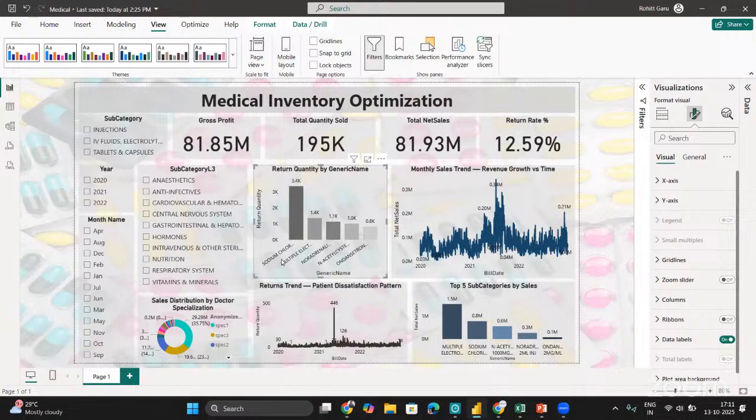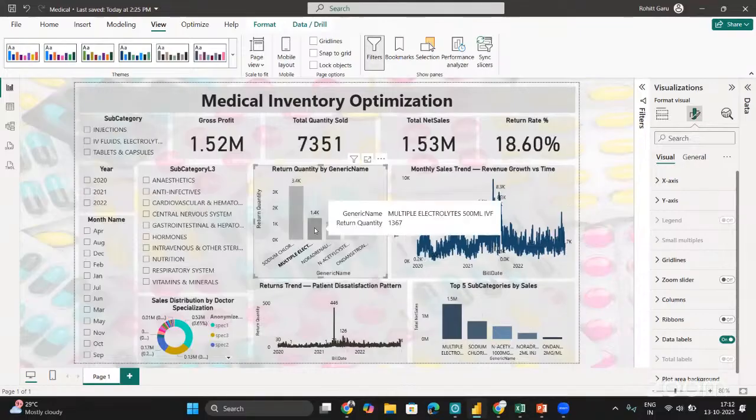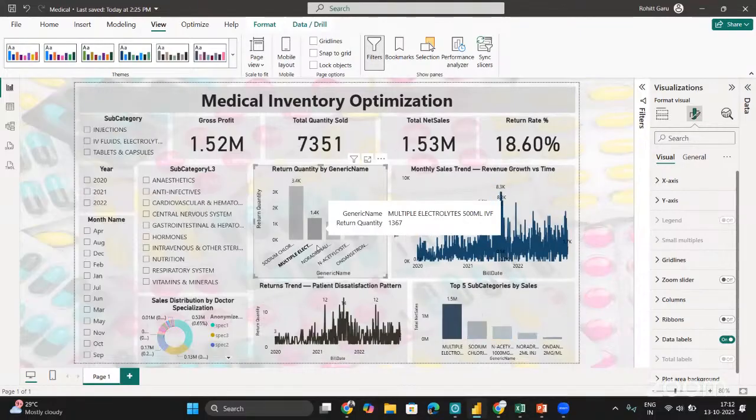The medicines which are coming back as returns, the top five are: sodium chloride, multiple electrolytes, third one is nordelin, fourth one is N-acetylene, and fifth one is ondansetron.